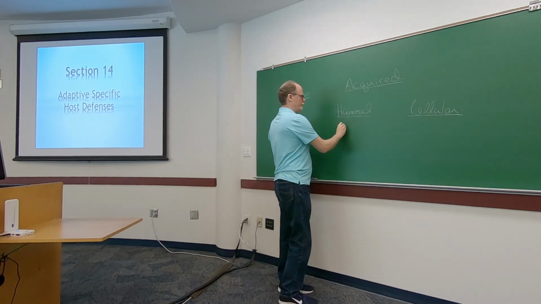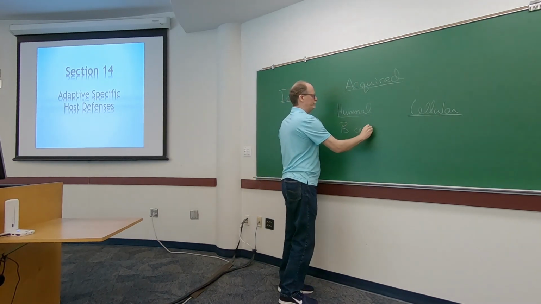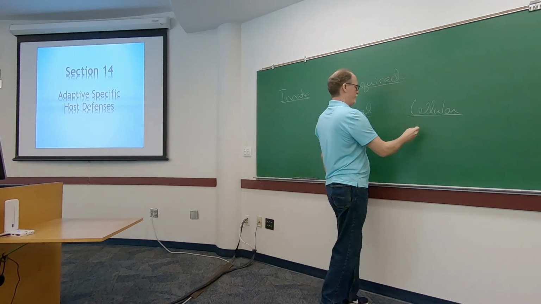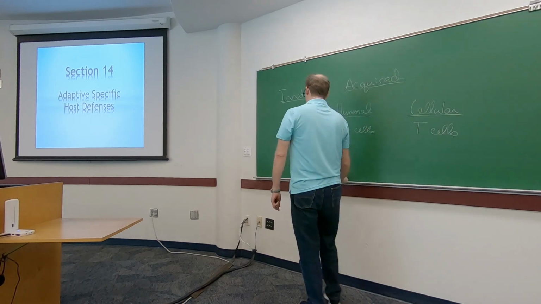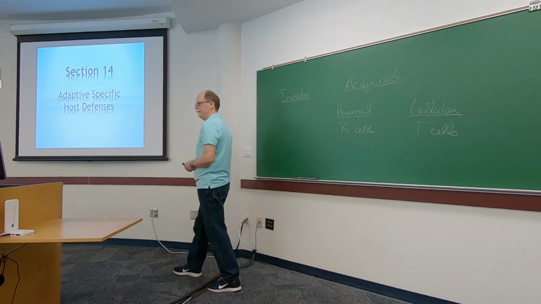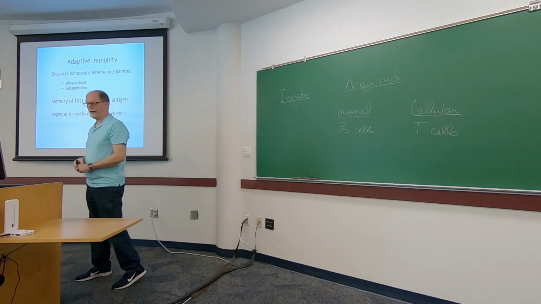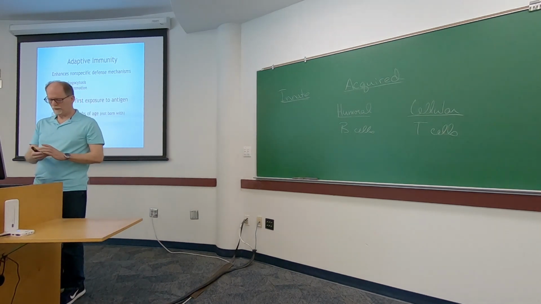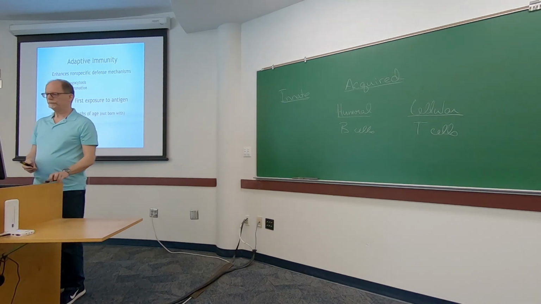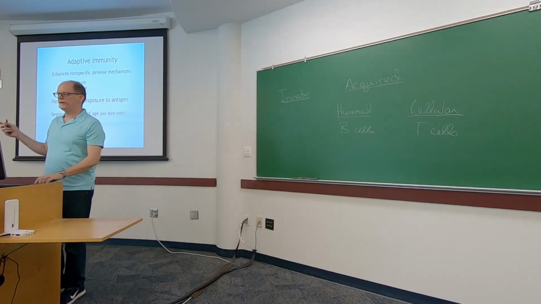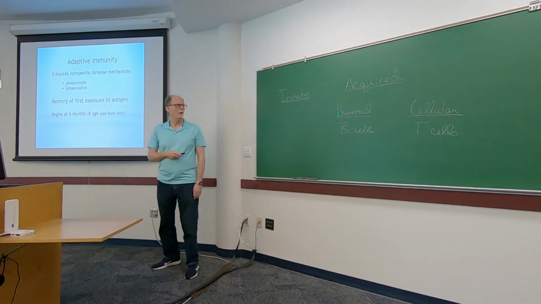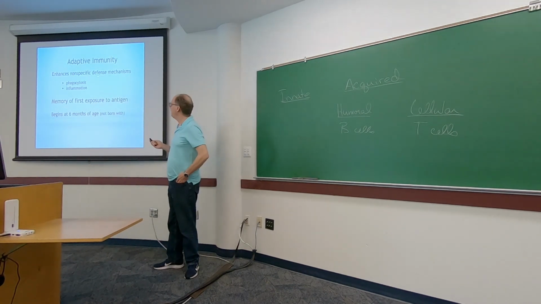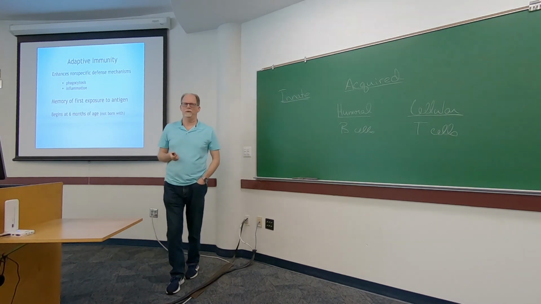Right, this involves B cells, and this involves T cells. And we're going to go through that in this section. Now, it says that the adaptive or acquired does enhance the non-specific, right?